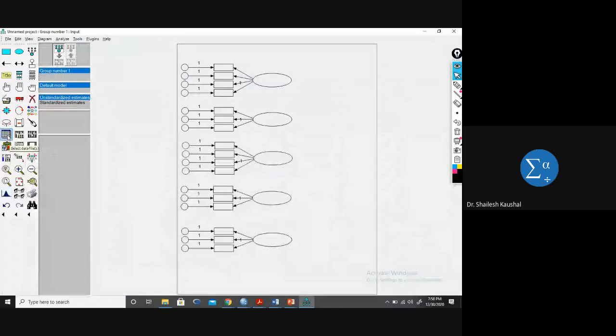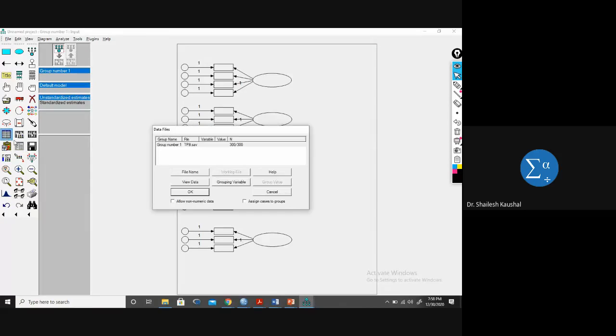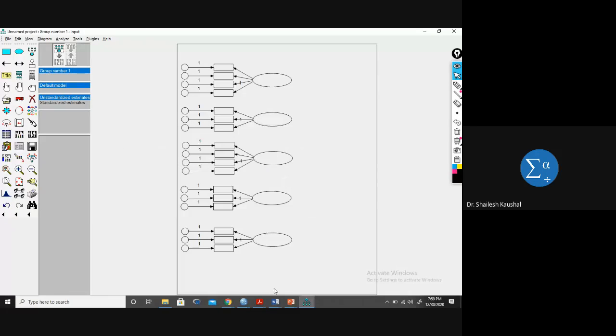So first of all, we will create the path diagram. Now select the file, and after selecting the file, you can see the file name tpb.sav and 300 sample size, and then okay. Now we see here the list of variables in the data set.